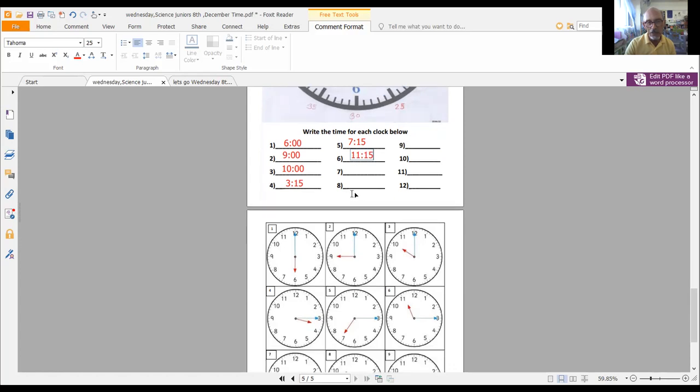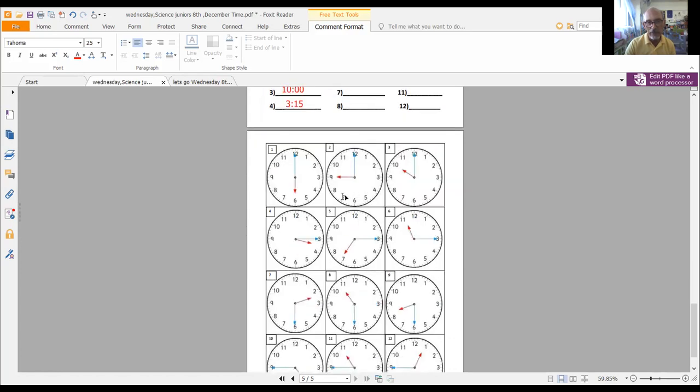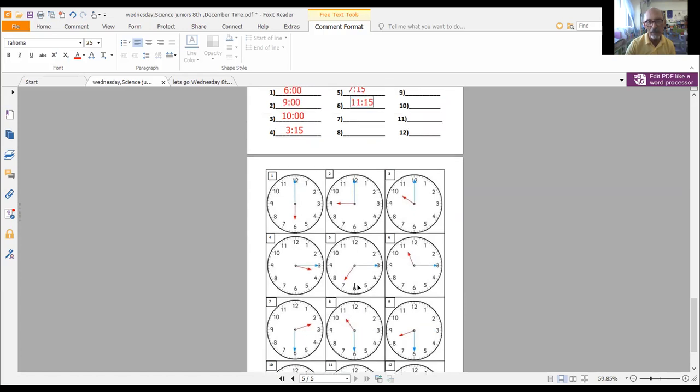Okay. Let's look at number 7. Number 7, we have the hour hand just past the 2, and the minute hand is on the 6. The minute hand is on the 6. So we know it's 2 something, right? We know it's 2 something. So let's say we have 2. And 6 is how many minutes?